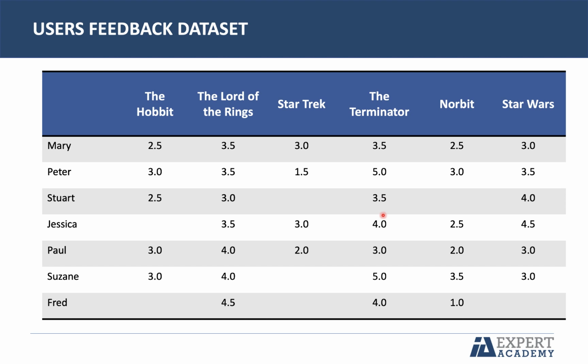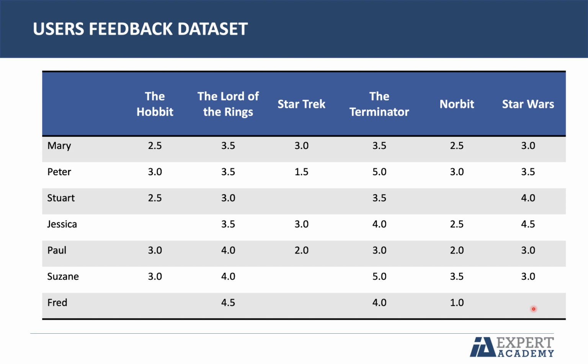The idea is to perform some mathematical calculations so we can recommend movies to users. For example, see that Fred hasn't watched the movies The Hobbit, Star Trek, and also Star Wars, since there is no evaluation here, and here.